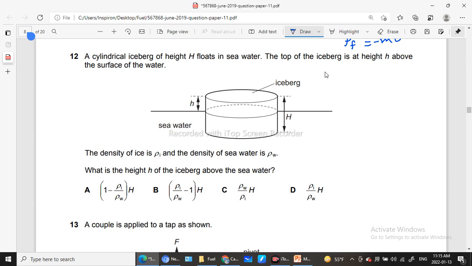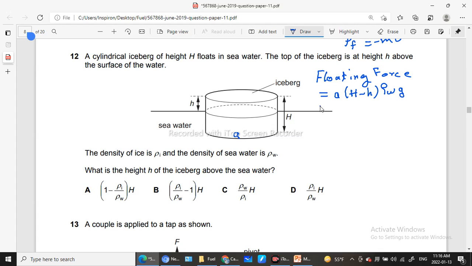So the floating force, suppose the base area is A, so the volume is A times (H capital minus h small), times the density of water times g.